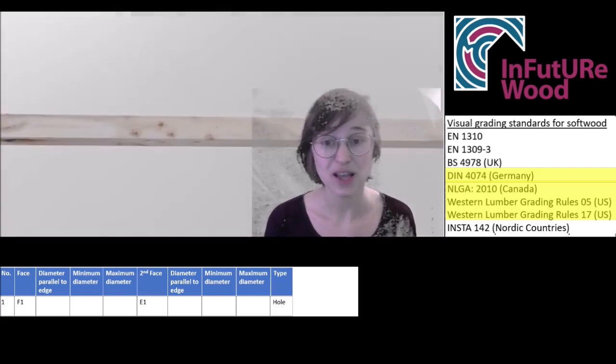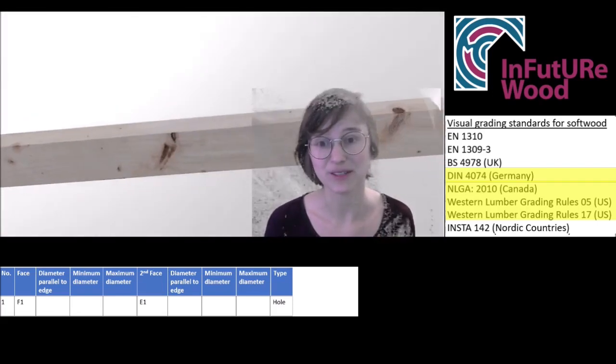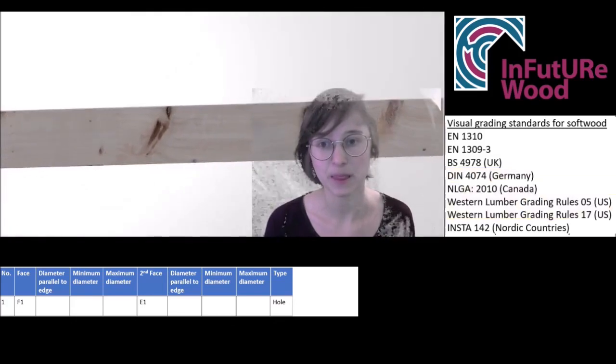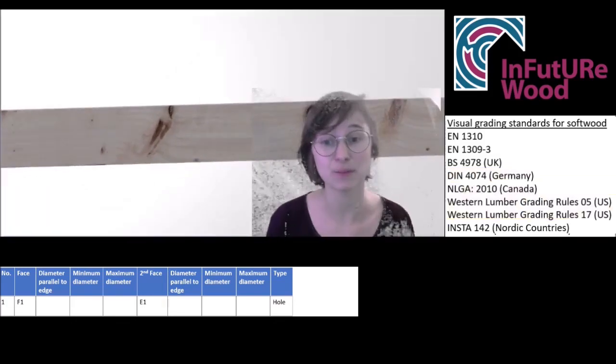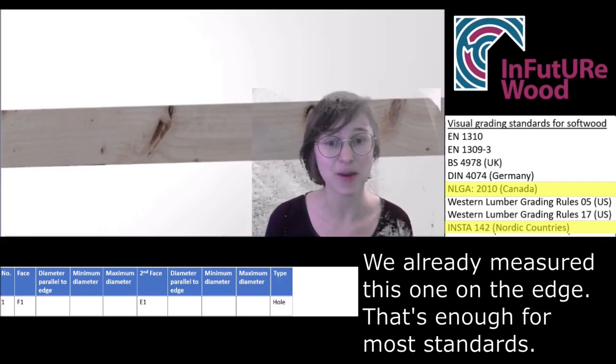So we just add the measurements in the table for the same knot. Here we have a spike knot on the white face, and again we need to measure its widest width, but for the Nordic grading rules we also need to measure its length as parallel to the longitudinal axis of the piece.